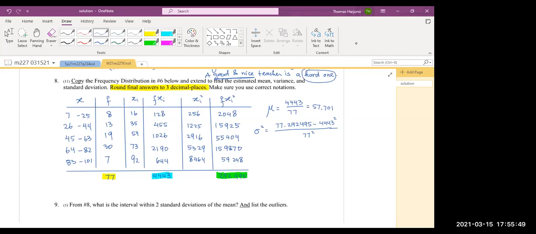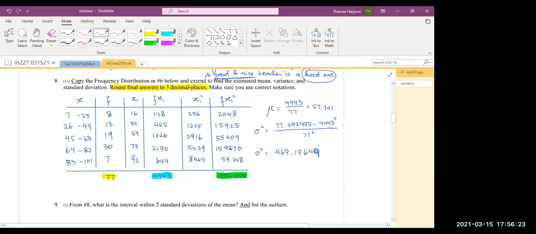If that were sample, then the denominator will be 77 times 76. So then this will be divided by 77 squared. I get 469.19649.